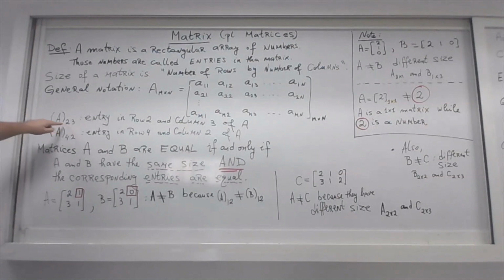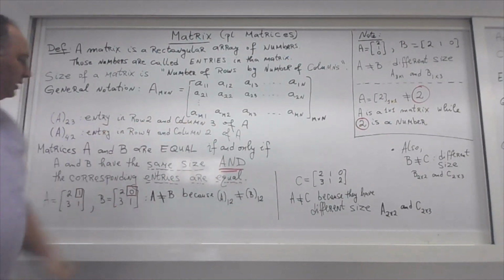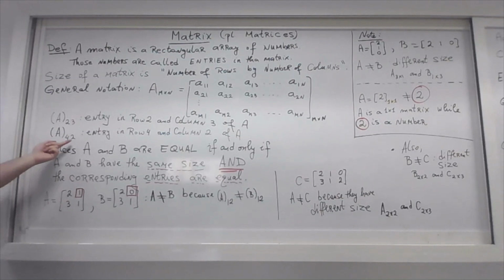What does it mean? It is the entry in A that is at row 2 and column 3. A42 is the entry, so the number, that is at row 4 and column 2 of matrix A. So that's just the notation.